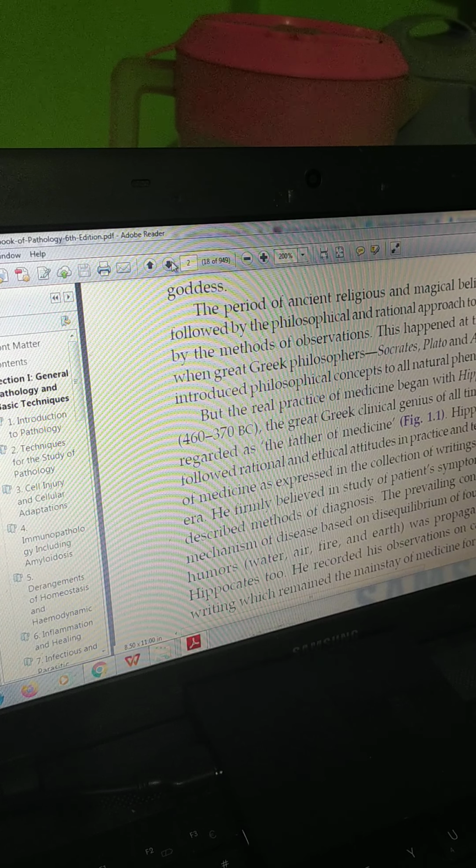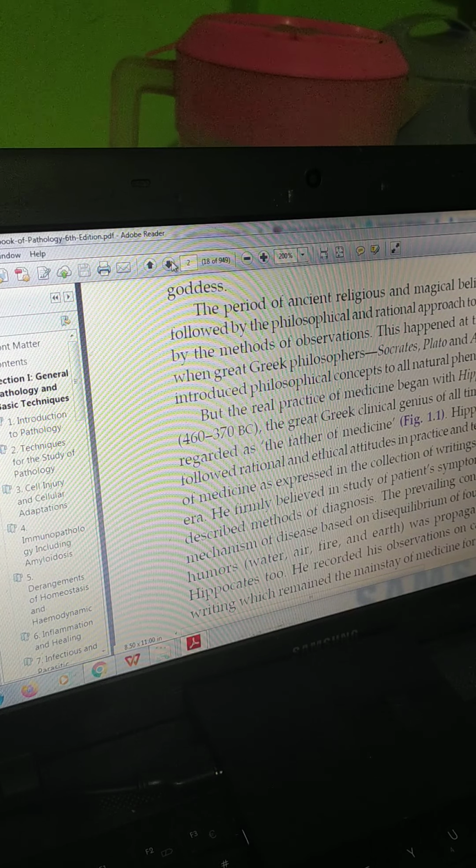But the real practice of medicine began with Hippocrates, 460 to 370 BC, the great Greek clinical genius of all times and regarded as the father of medicine.